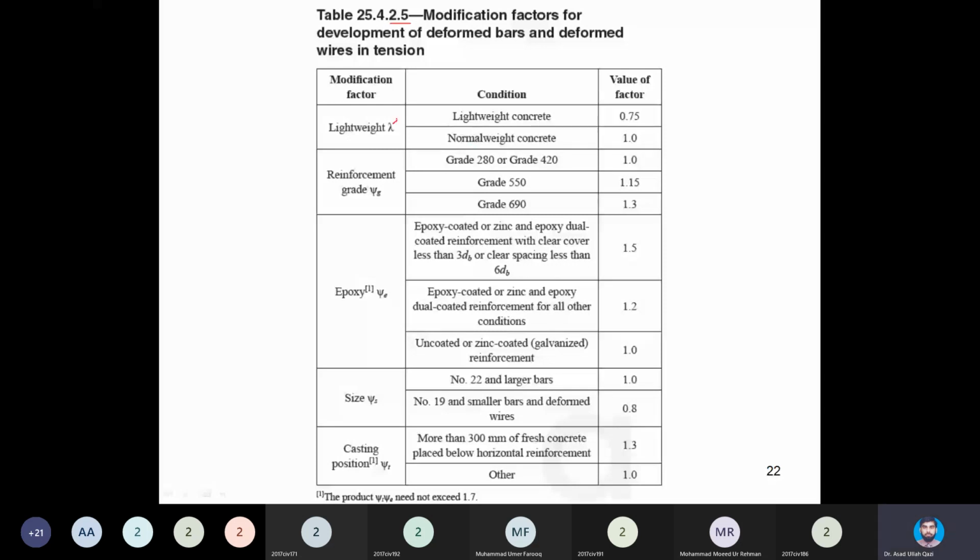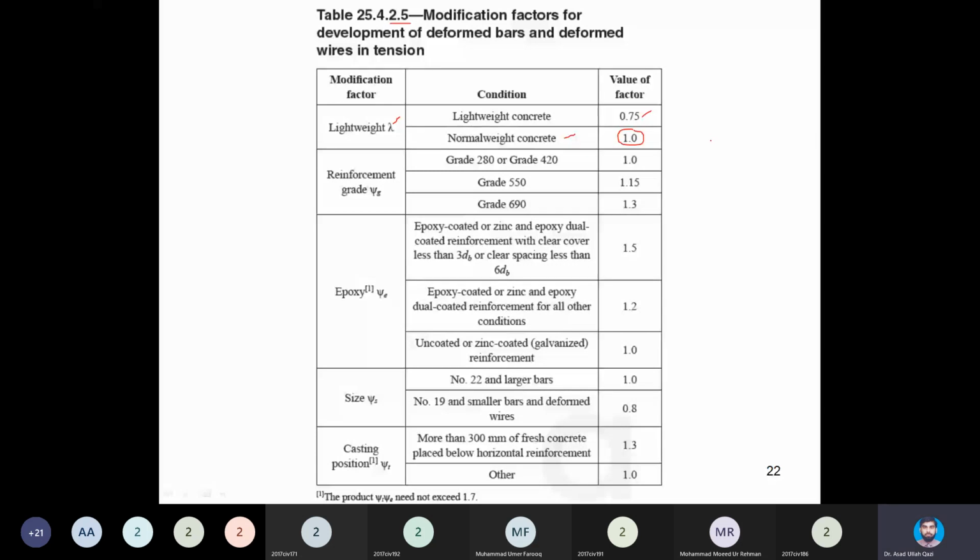First, lambda, which was the factor in the denominator, is the lightweight aggregate factor. With lightweight aggregate concrete, your bond strength will be relatively less, so you need more development length, which has been adjusted by taking lambda in the denominator less than 1, so it will magnify your LD. However, for normal weight aggregate concrete, you are not required to increase the LD and lambda will be 1.